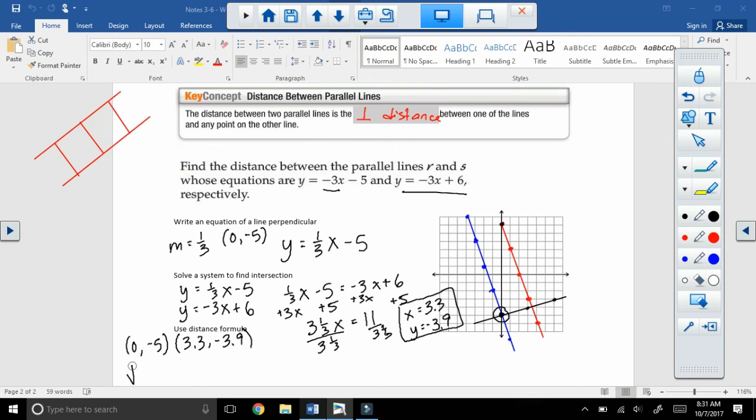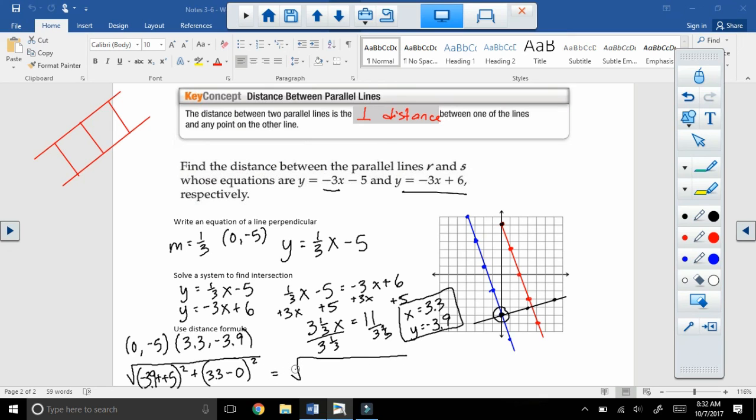So the distance formula: I'm going to be subtracting those x values and squaring it, subtracting the y values and squaring it, adding them together, and then taking the square root. So the x values being negative 3.9 minus negative 5, adding the opposite, and the y values being 3.3 minus 0. So just grab your calculator.